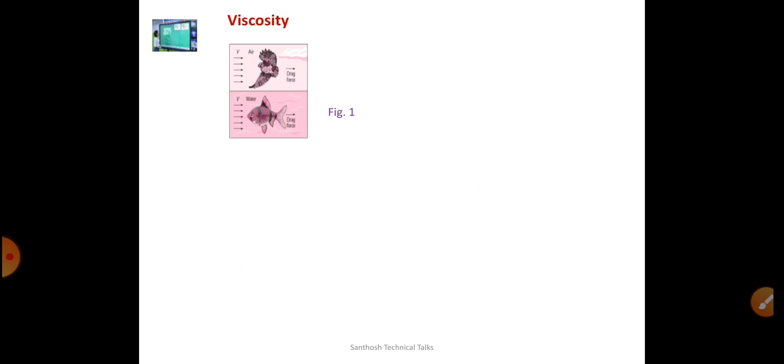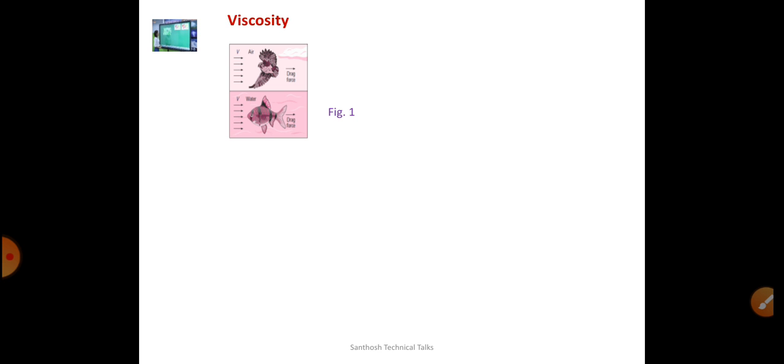From this figure, we know that a fish is moving in water and a bird is flying in air. The bird can fly easily, whereas the fish does not move easily because of the viscosity difference between water and air. Here you have to understand that if the temperature of a liquid is increased, the viscosity will get reduced.